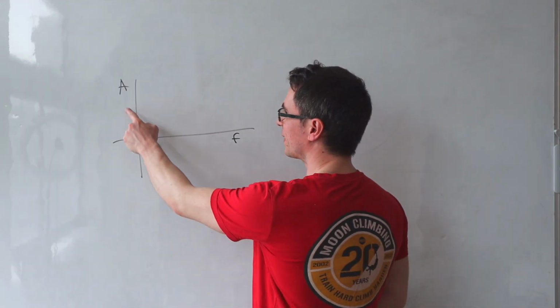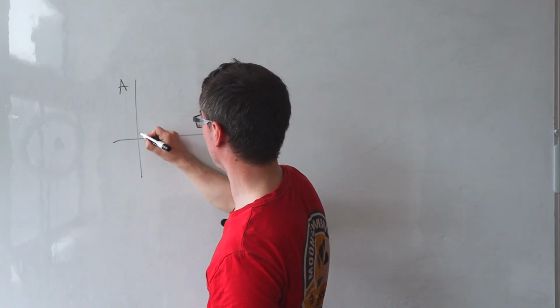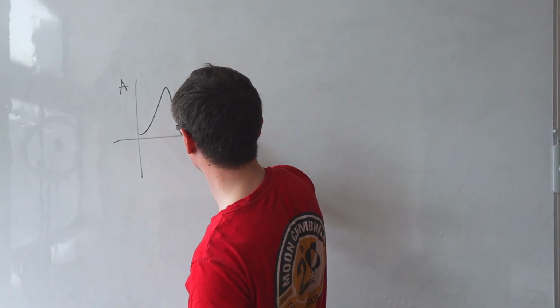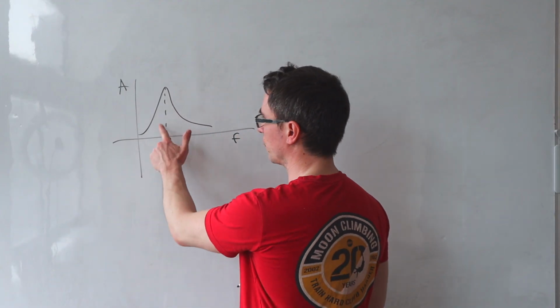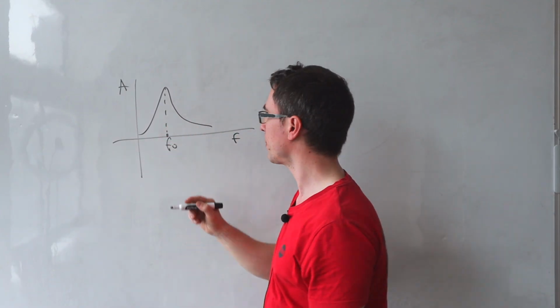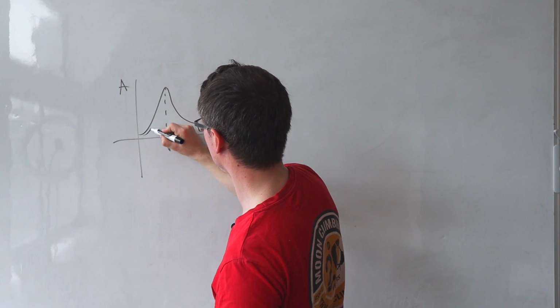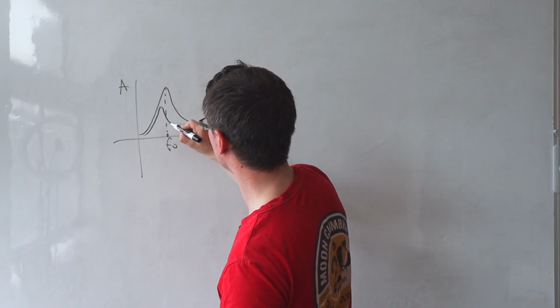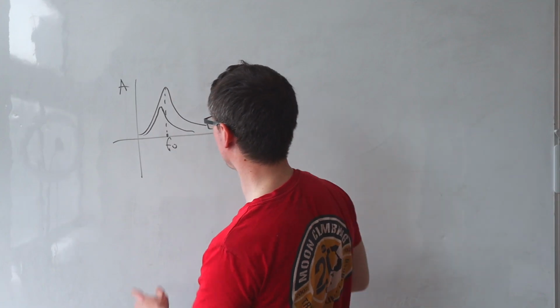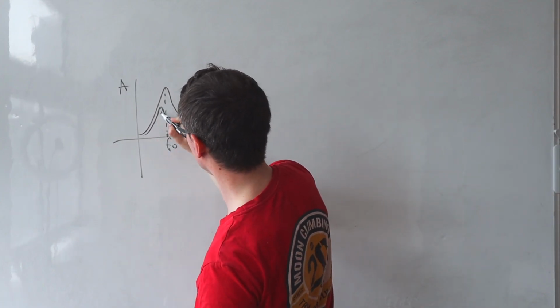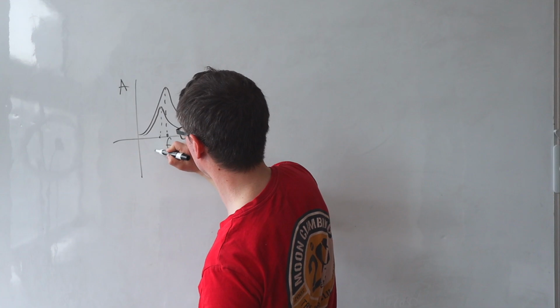In practice, the amplitude against driving frequency graph will look something like this, with a sharp peak centered at f0. If we were to introduce some damping into the system, then the peak gets shifted to the left. The actual curve becomes thinner as well, and this here is the new natural frequency.